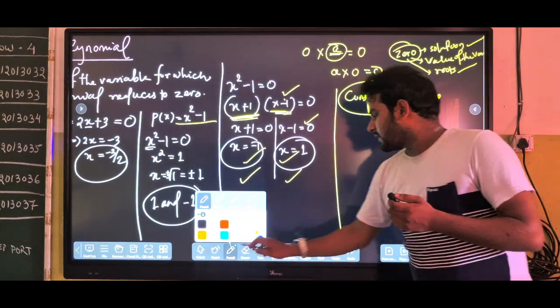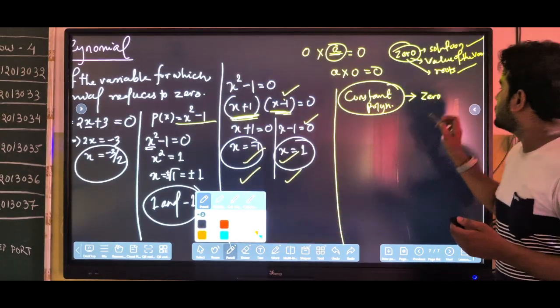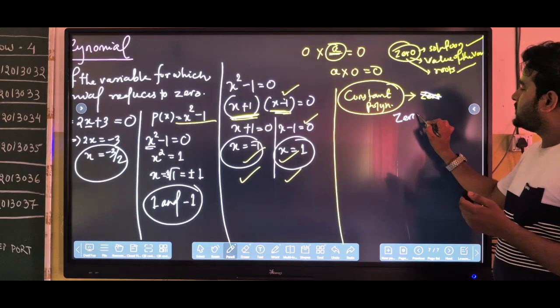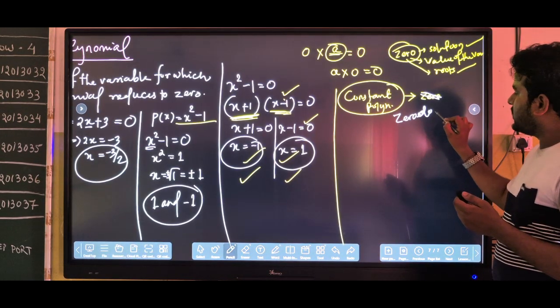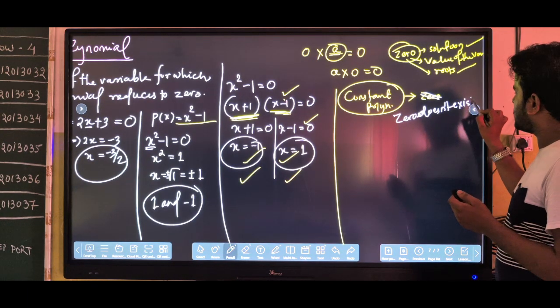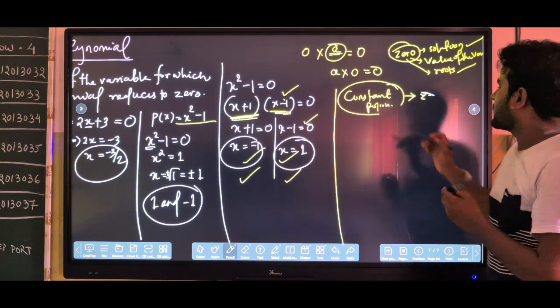we can't predict any zeros. So the answer is that the zero does not exist. Okay, let me write it properly. It's looking clumsy.